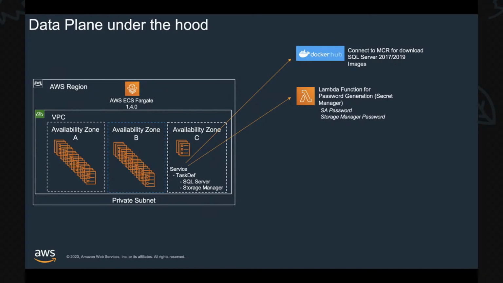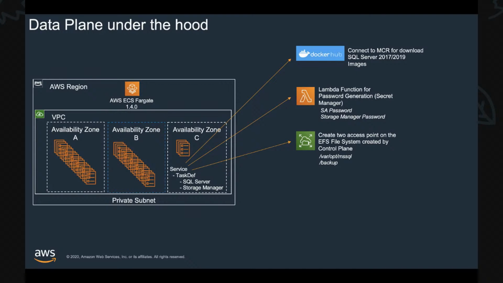Then Lambda functions are used to create the random SA password and store it in Secrets Manager. The solution creates EFS with two paths and injects them into containers for persistent data storage.